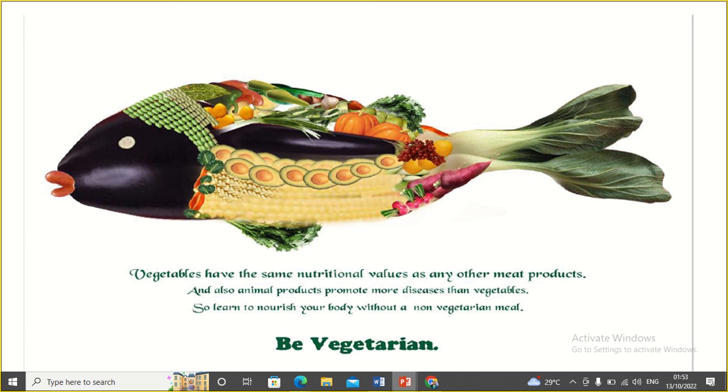So there is no need to be a non-vegetarian to acquire enough nutrients to live a healthy life. We can lead a healthy life even if we are vegetarian. So in order to emphasize the nutrients contained in vegetables, this image is made. In this image, design thinking is applied.